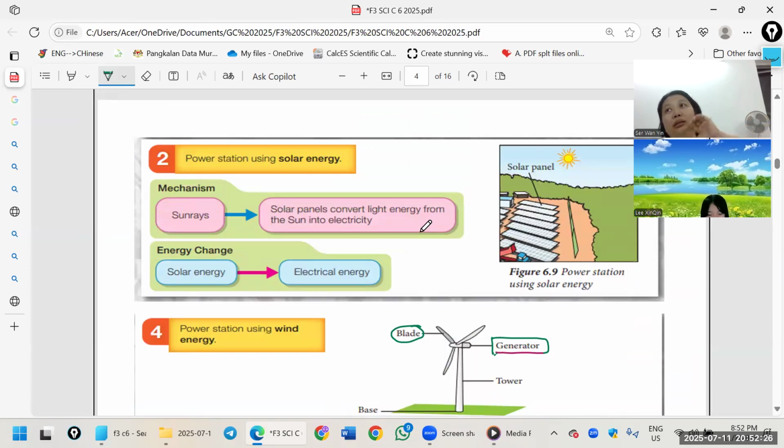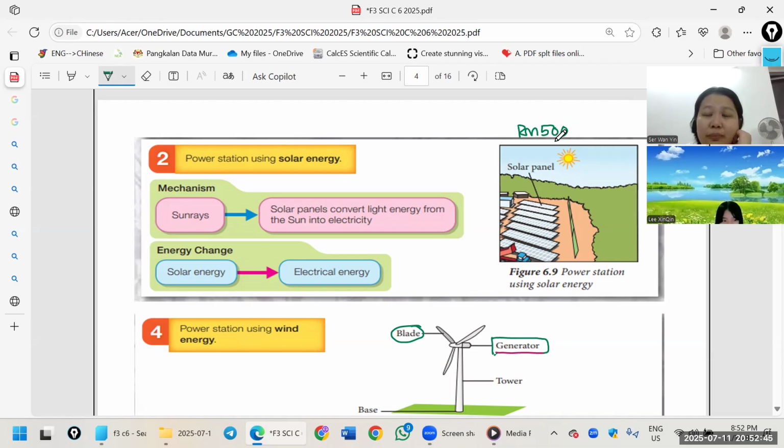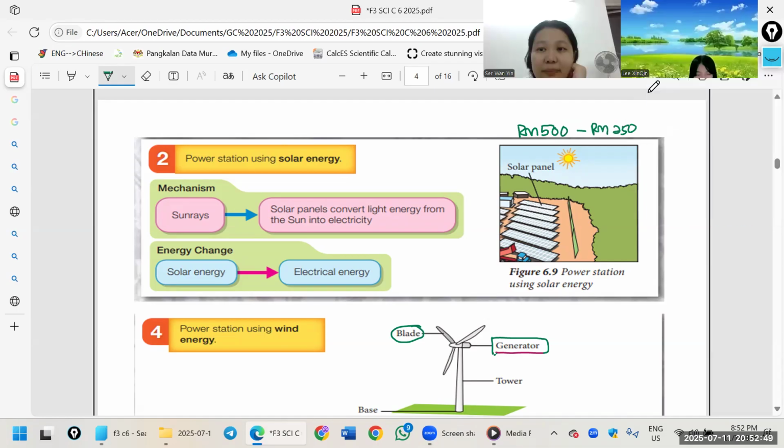Nowadays, TNB has changed their circular already. Last time TNB said, let's say your solar panel can create 500 ringgit of electricity and you just use 250, then the 250 you can sell back to TNB.